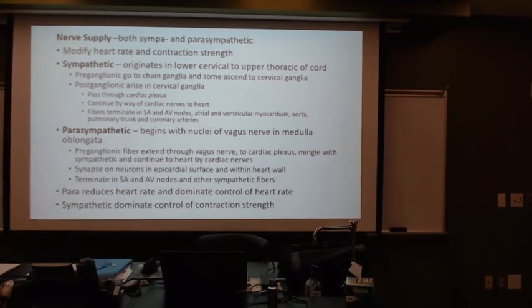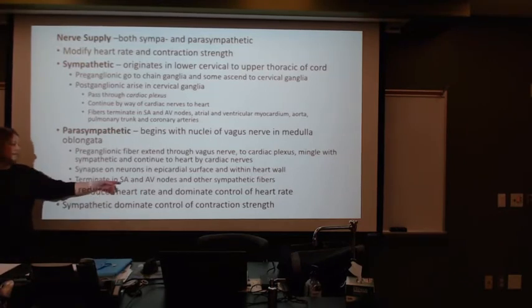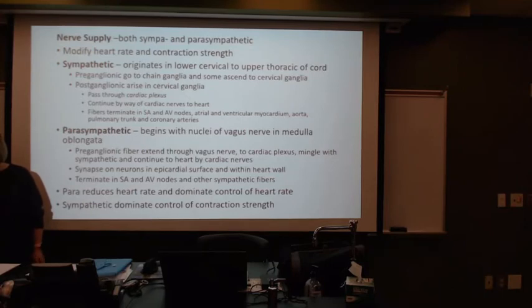Where would that be? Outside. Epi is which part? Inner, middle, outer. Outer. On the heart wall. They terminate at the SA and AV nodes, meaning, calm down, slow down, don't work so hard.